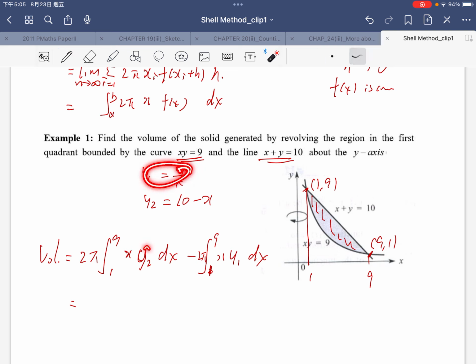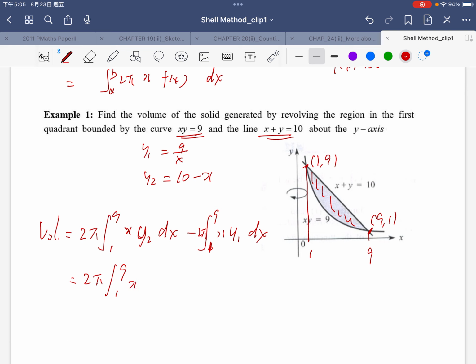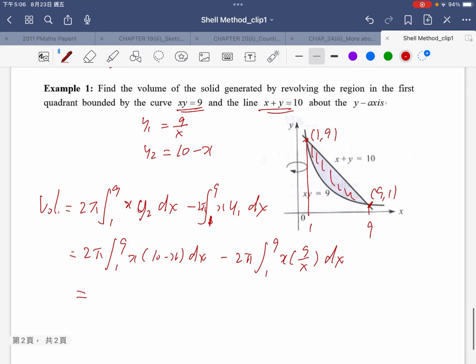Putting everything into the functions, we get 2 pi from 1 to 9 of x times (10 minus x) dx, minus 2 pi from 1 to 9 of x times 9 over x dx.